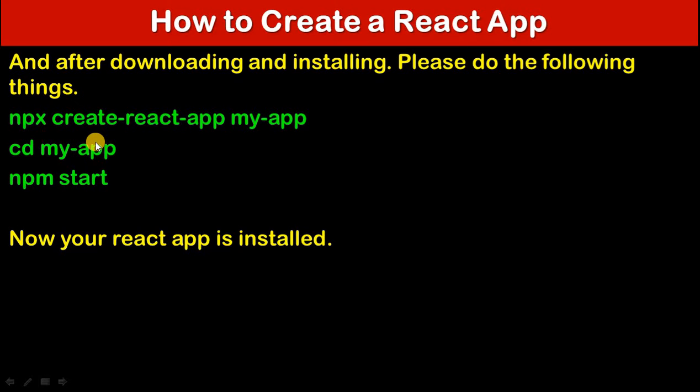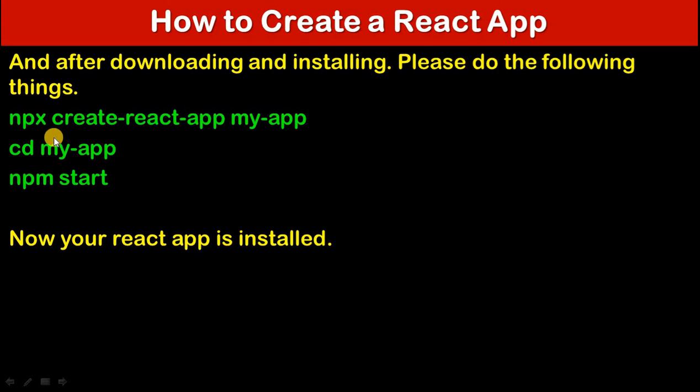After installing Node.js, you need to write npm create-react-app my-app and press enter. It will take some time, and your first project my-app will be installed on your machine. After installation you can do cd my-app.